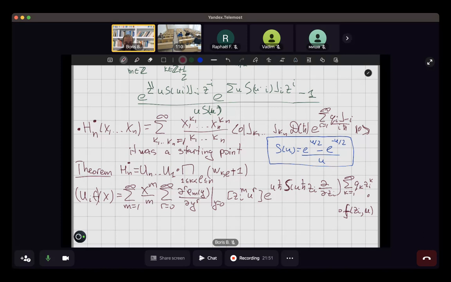that in fact J bold M, which is D minus 1 J M D, is equal to the sum over r from 0 to infinity of d over dy.